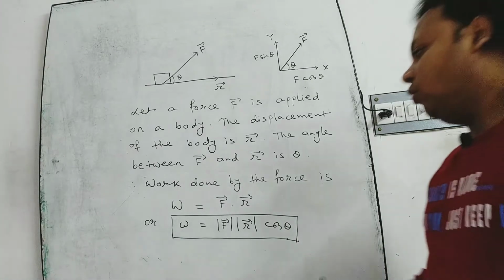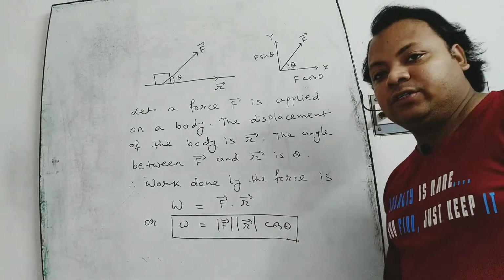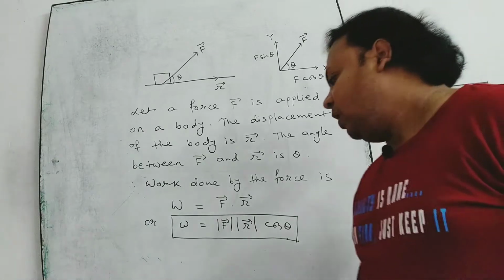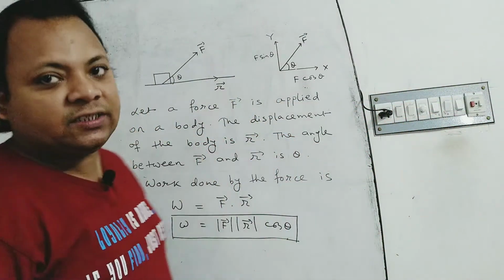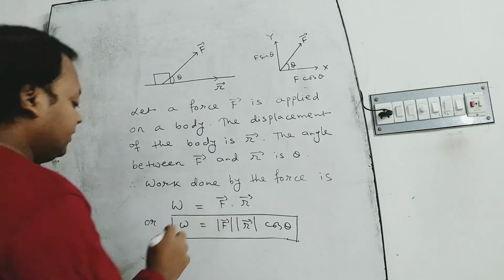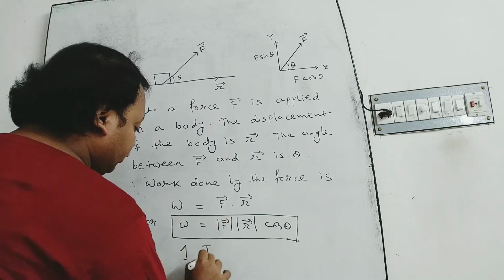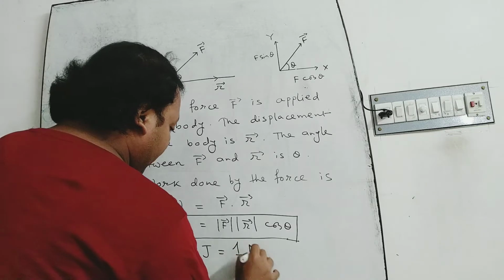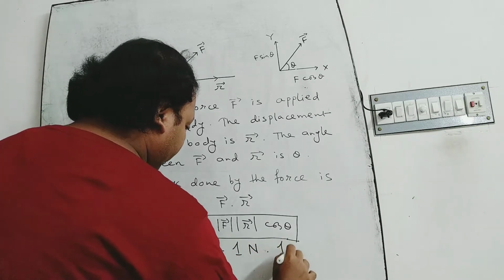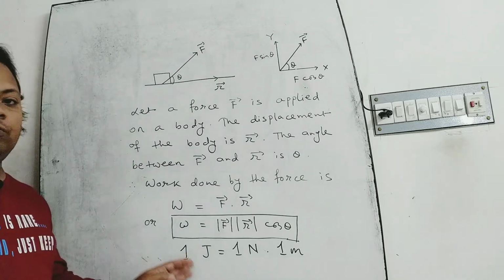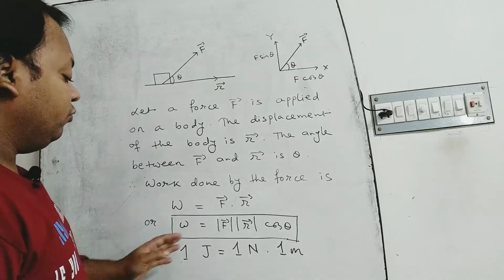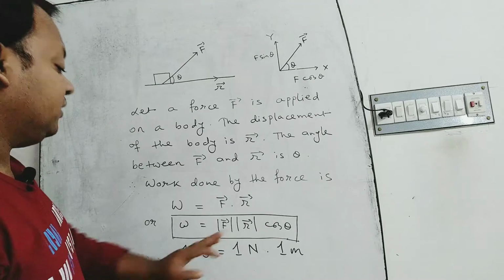You know that work done is a scalar quantity and the unit of work done is the joule in the SI system. That is, 1 joule is equal to 1 Newton into 1 meter.